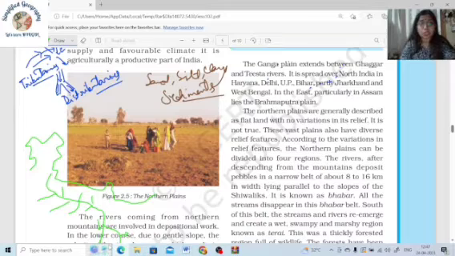In the east, particularly Assam, lies the Brahmaputra plains. The Brahmaputra comes from Tibet with the name Sangpo, then enters from Arunachal Pradesh, then from Assam and Meghalaya it moves to Bangladesh and joins the river Padma. And the Indus we see is mostly in the western part of our country.